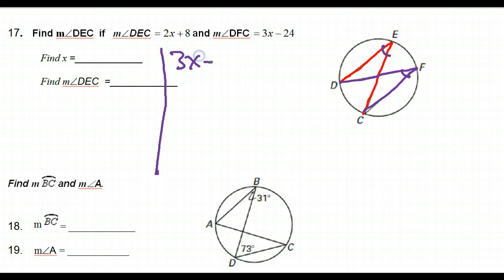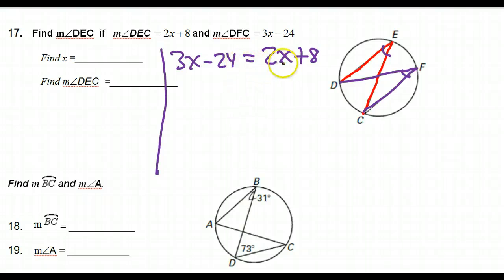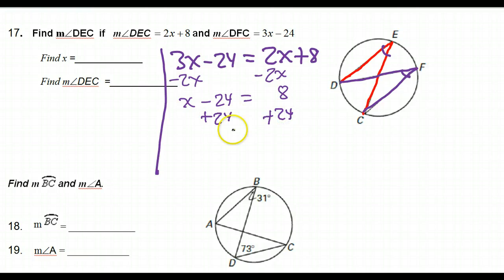So 3x minus 24 should equal 2x plus 8. We can subtract 2x from both sides like this, so that's going to give us x minus 24 is equal to 8. And if we add 24 to both sides, then that's going to give us 32.